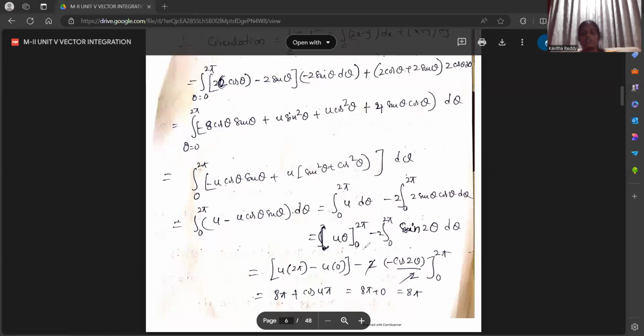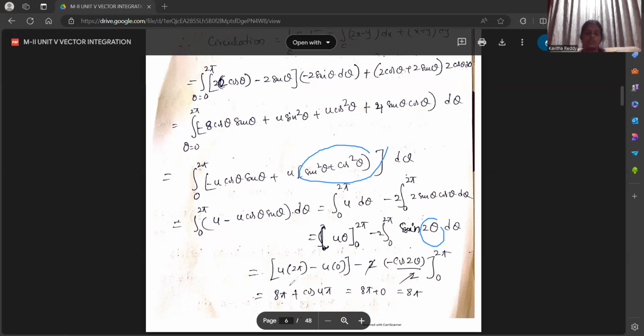Integrate: 4 theta from 0 to 2 pi. Sin square theta plus cos square theta is 1. Taking 4 common, 2 sin theta cos theta is sin 2 theta, so we integrate 4 theta minus the integral from 0 to 2 pi of sin 2 theta d theta. The integration of sin is minus cos, but since 2 theta is there, it is minus cos 2 theta by 2, from 0 to 2 pi.